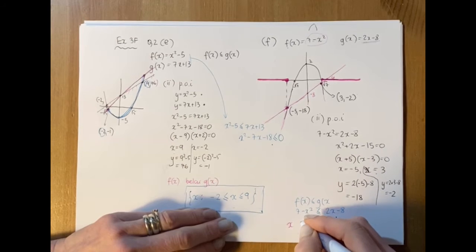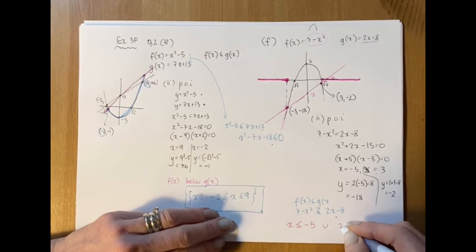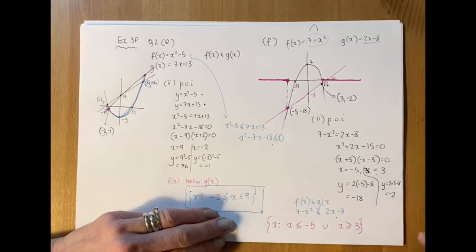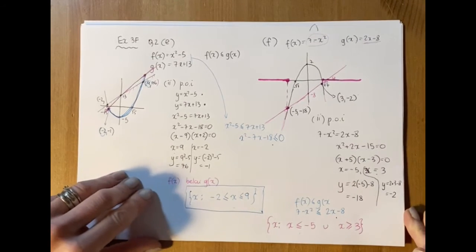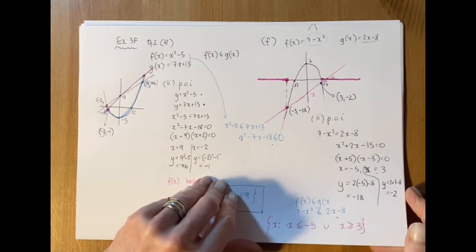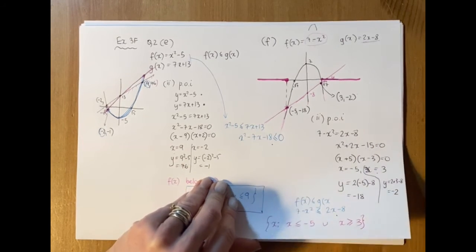So x is less than or equal to -5, or x is greater than or equal to 3. So these are the solutions to the inequality. Like I said, I'm not going to do that, but you can go ahead and use the calculator for that algebraic solution to check whether you're right or not.